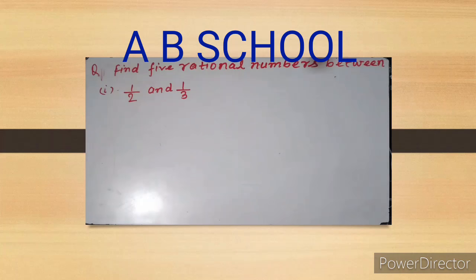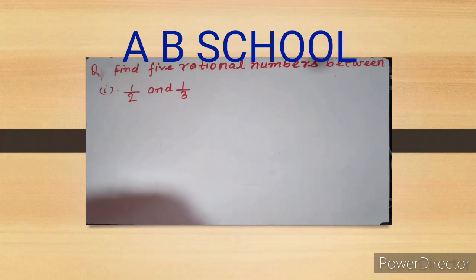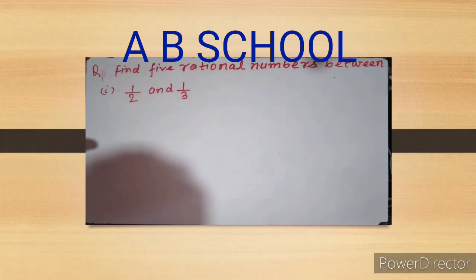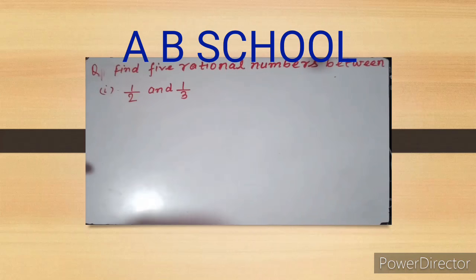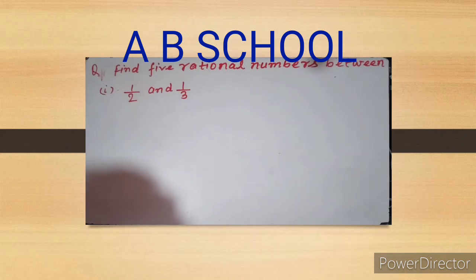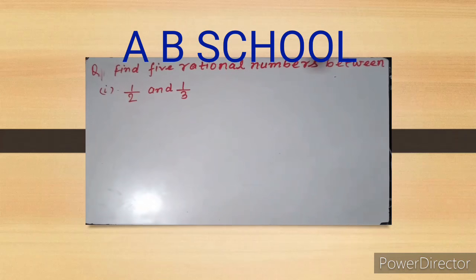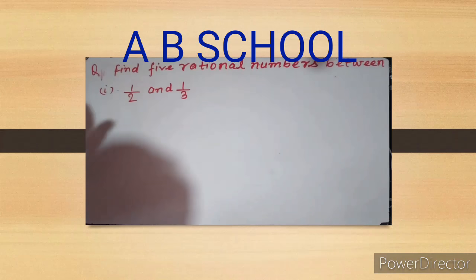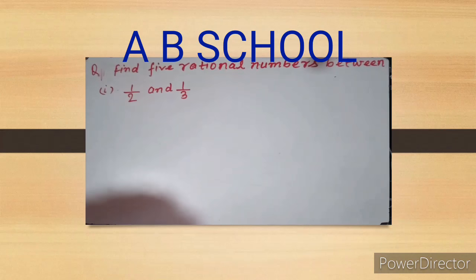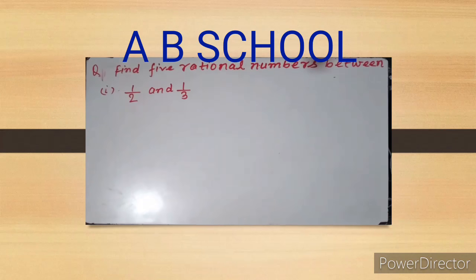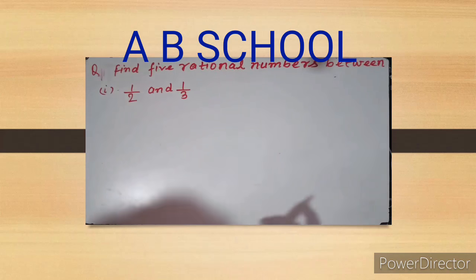Same question I have taken for finding a rational number between two rational numbers. But today we will discuss lots of questions of this type. One question I have taken, this one I also gave you to try to solve. But today I am going to again convince you this one question.